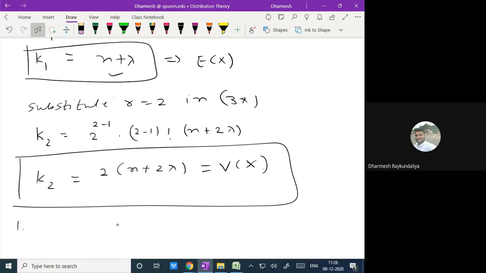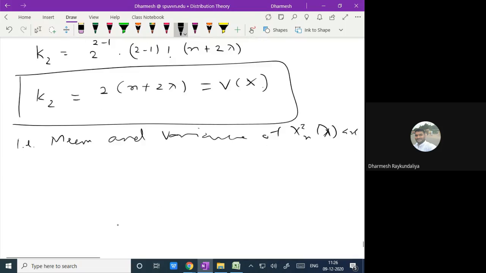That is, the mean and variance of chi-square n lambda are: expectation of x equal to n plus lambda and variance of x equal to 2 times n plus 2 lambda.